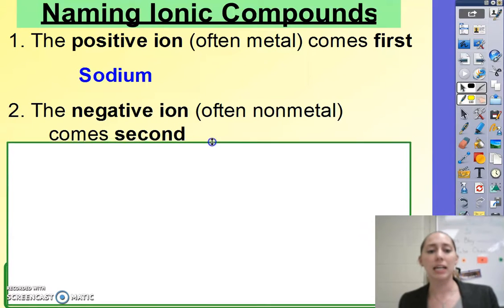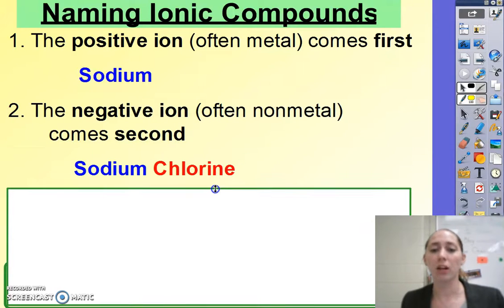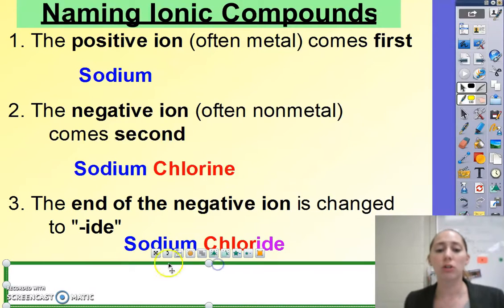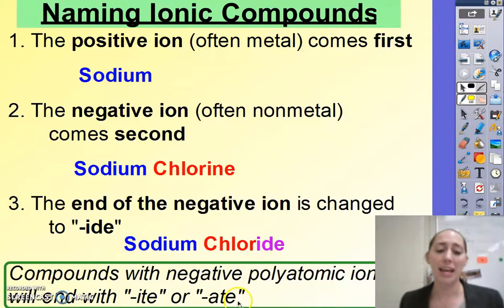Then, second, you would write the negative ion, which is often that nonmetal, so in this case, chlorine. Then, you would change the ending of that second negative ion to "ide." So instead of sodium chlorine, we have sodium chloride. Now, if your anion or your negative ion is a polyatomic ion, it will end in "ite" or "ate," depending on the ion.